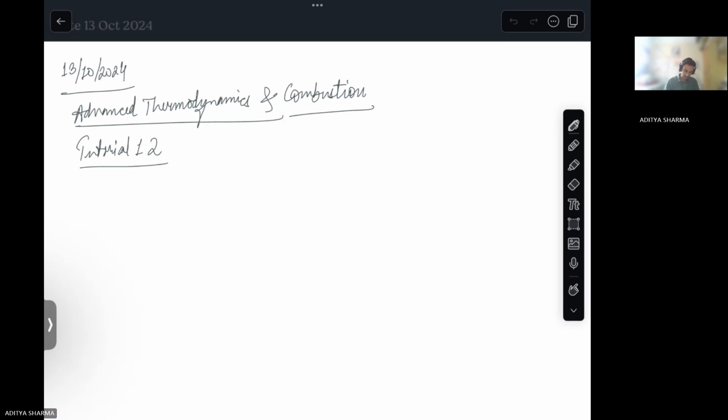T is time. Your d naught is the initial diameter of the droplet. And then your k is the evaporation constant.